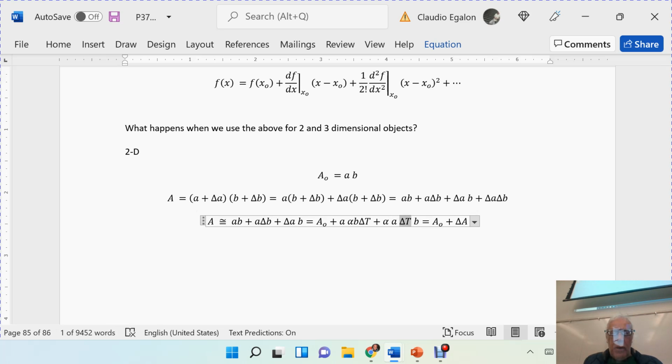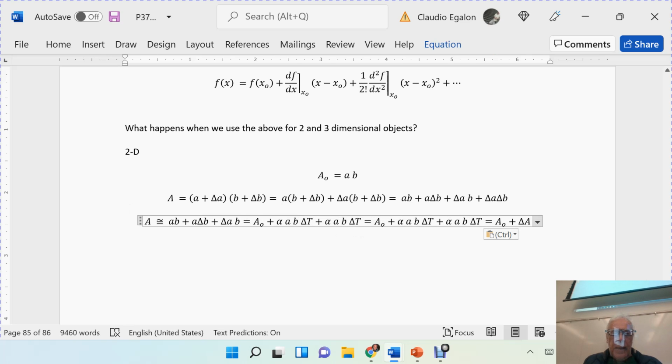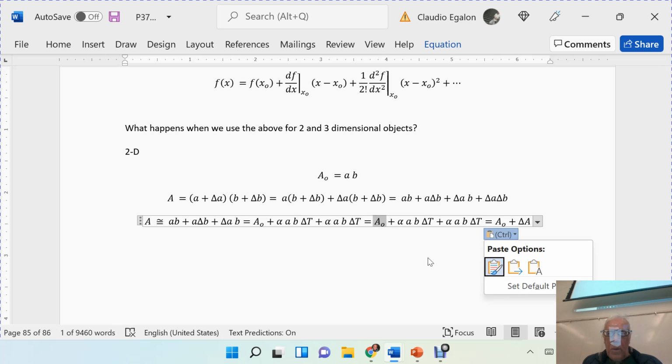I'm going to rearrange my delta T. I'm going to put it here. Okay, I'm going to rearrange my alpha. Yeah, I'm going to put my alpha in front of the A. Okay, and now you can see that I have my original area here again, right? What I call delta A is in reality, oh, here you go.